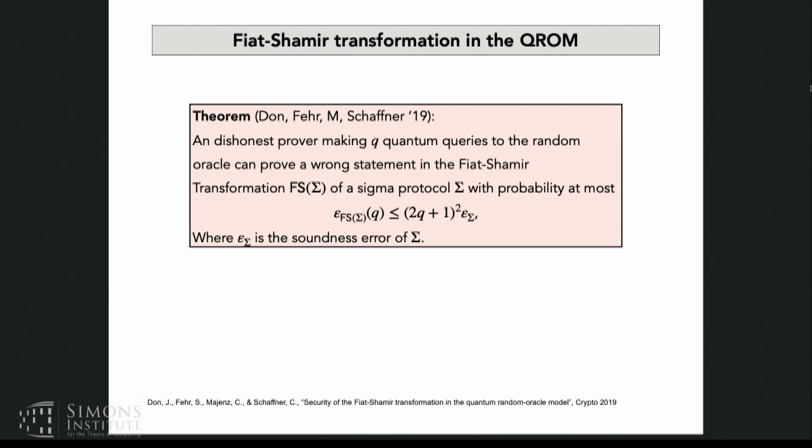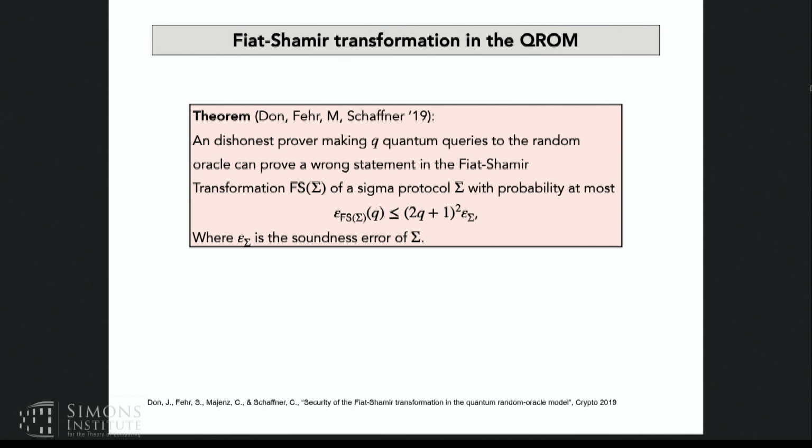We were able to prove that if we have a dishonest prover, so remember that we are talking about this proof system, in this non-interactive version that results from the Fiat-Shamir transformation, that makes Q quantum queries to the random oracle that models our hash function, then such an attacker cannot prove a wrong statement with higher probability than a factor of order Q squared larger than the optimal success probability in the interactive version.